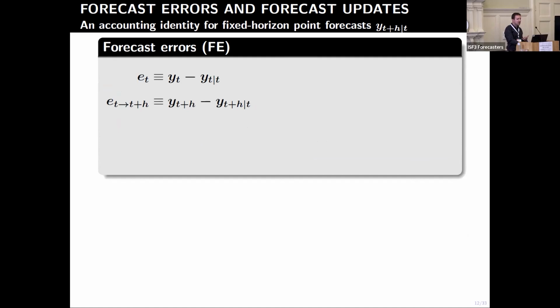So basically, the idea here is that we can use forecast errors and forecast updates to get predictions. Namely, we can write the nowcast error as e_t, y_t minus y_{t|t}, and then we can write the h-step-ahead forecast error as well, e_{t+h|t}, and namely we can decompose this.